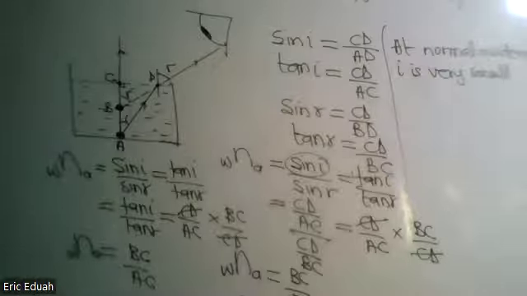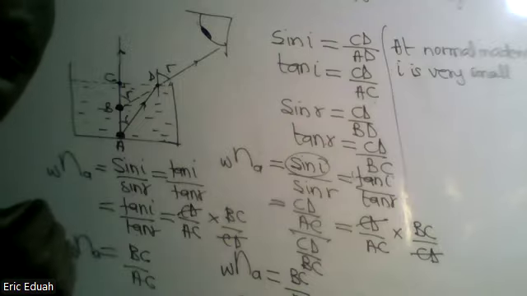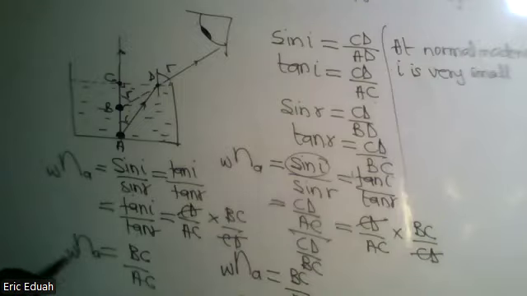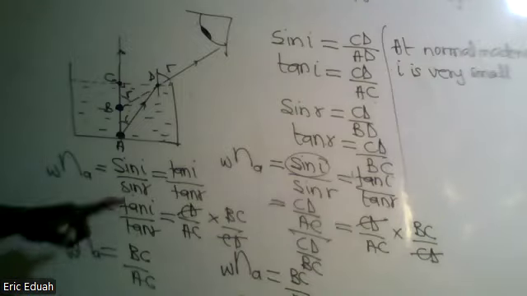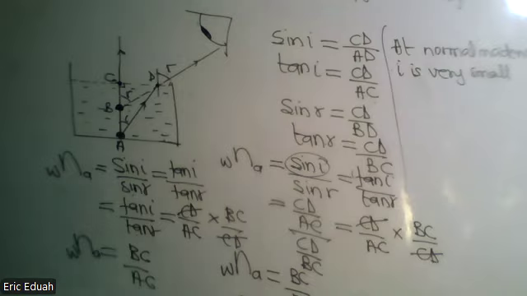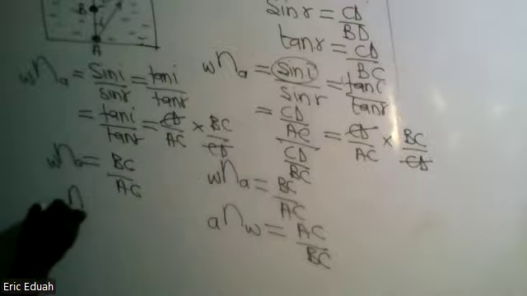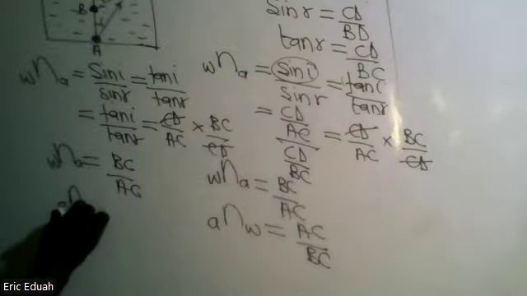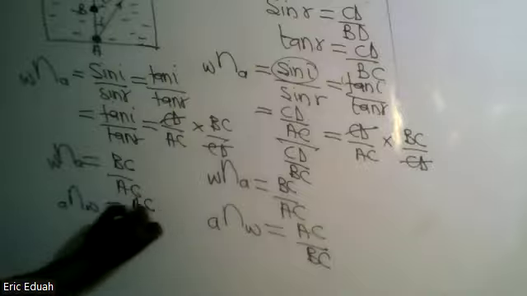We are always looking for the real refractive index, the absolute refractive index. And so instead of from water to air, we need from air to water. That is the absolute expression. Meaning that the absolute refractive index as light moves from air to water would be equal to AC over BC.